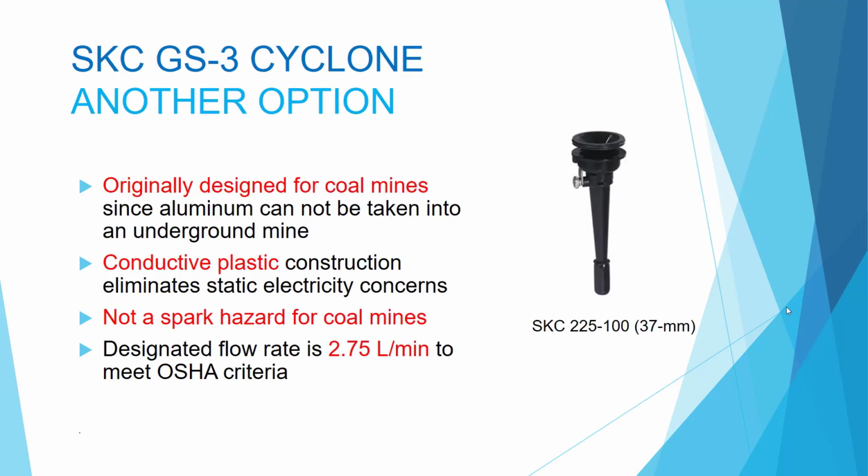Any device made out of aluminum is considered a spark hazard in the underground coal mines. So another cyclone that can be used in this work environment and in others is the SKC GS3 cyclone. It is conductive plastic, so there is no static electricity concerns, and it is not a spark hazard. This cyclone is designed for use at 2.75 liters per minute to meet the OSHA criteria.